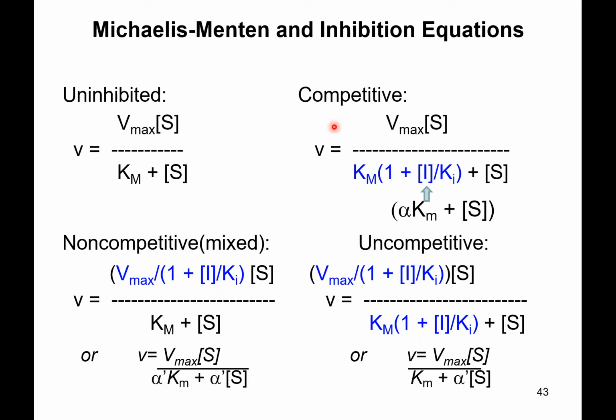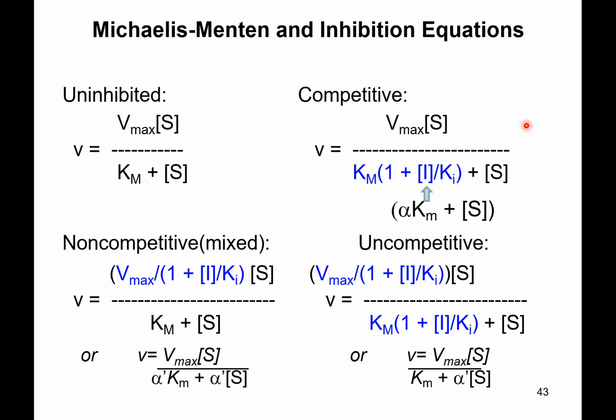And as a summary, what do our Michaelis-Menten equations look like? Right, uninhibited, that's the normal situation. We have it with competitive inhibition, non-competitive, and uncompetitive. Right, probably better to look at these values here.